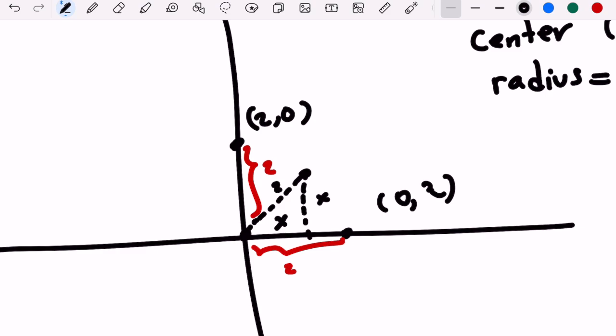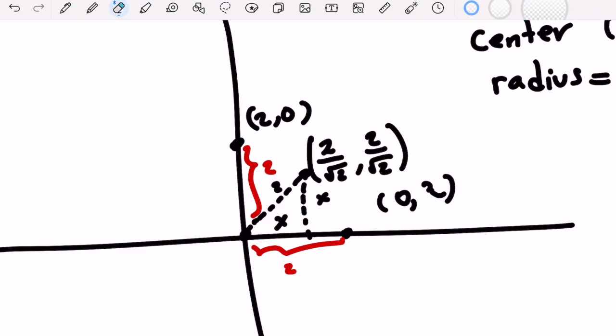If this is x and this is x, then each is 2 over square root of 2. This point is also at a distance 2 from the origin.